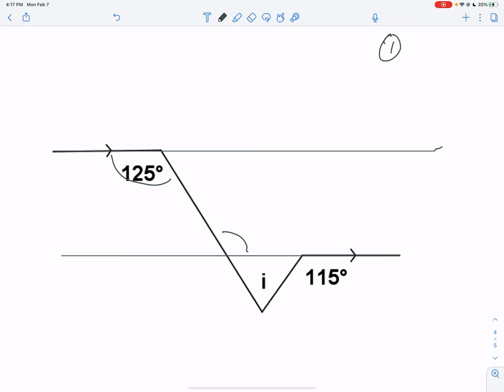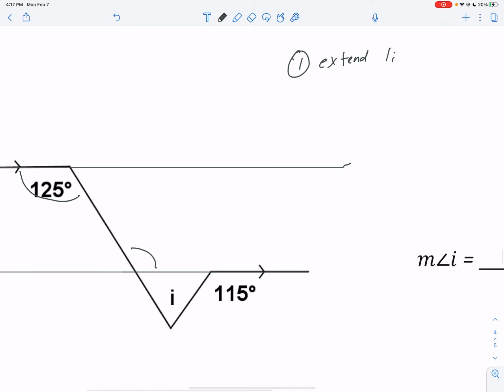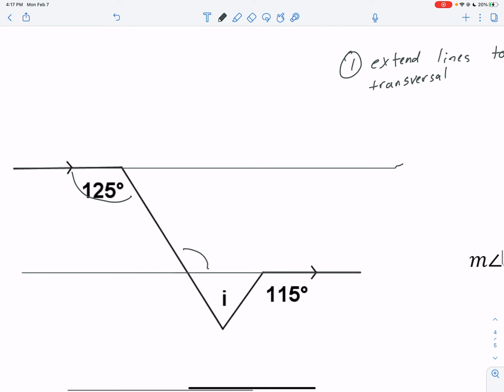One, extend lines to see the transversal. Now that's not part of a proof, really, but I like saying it either way. Two, these are alt interior angles.